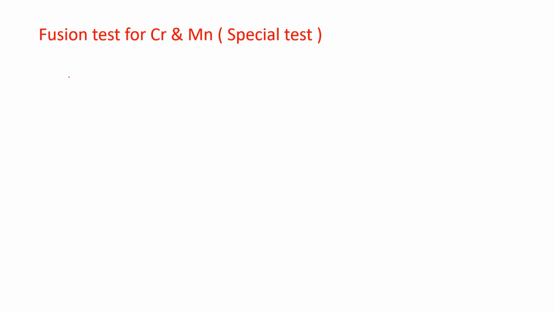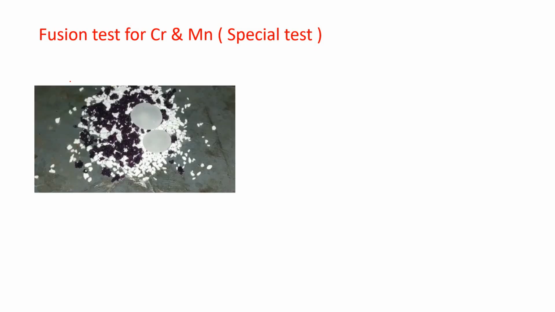Now coming to the fusion test for chromium and manganese. This is the special test for chromium and manganese. These are almost confirmatory tests. In the fusion test, you take sodium carbonate, then on that you take your salt, and then a little potassium nitrate or potassium chlorate, and the molten sodium hydroxide, or you can take a sodium hydroxide mix also.